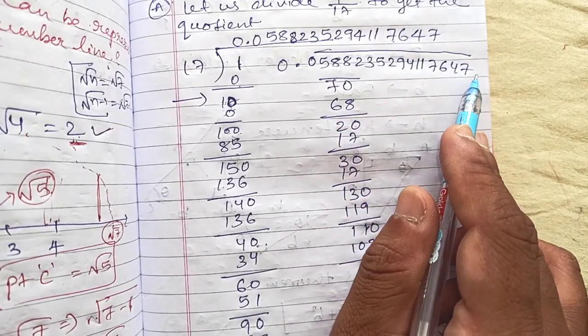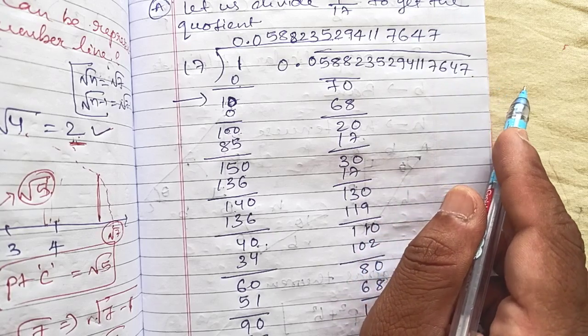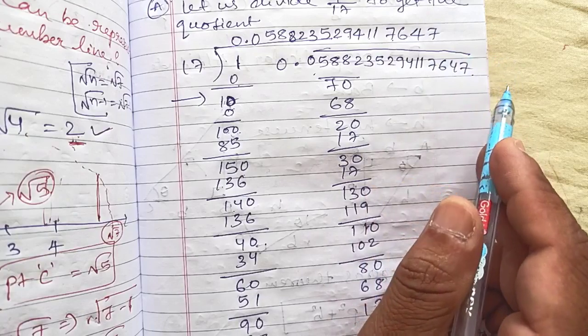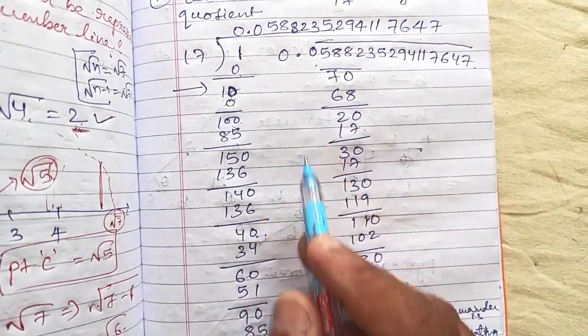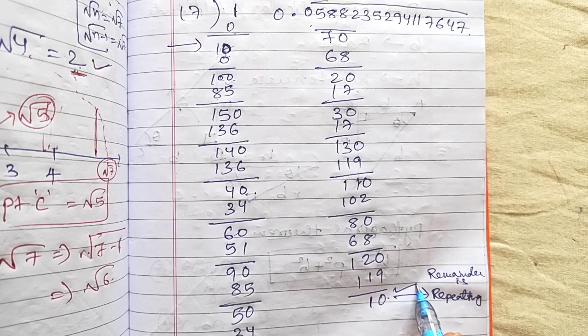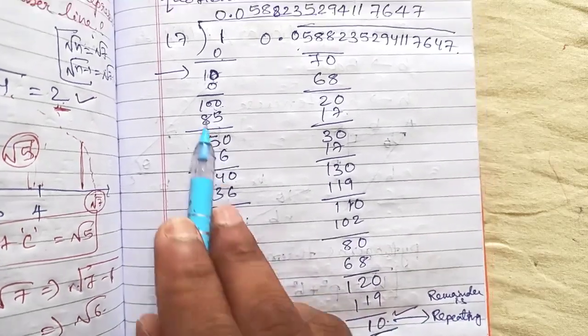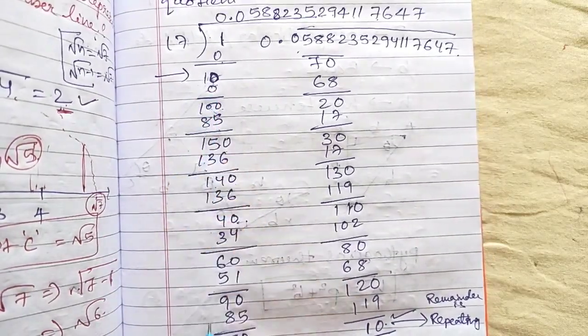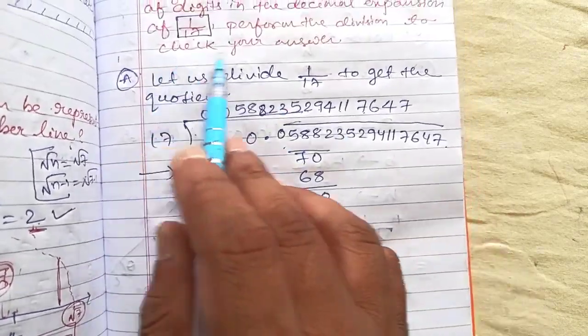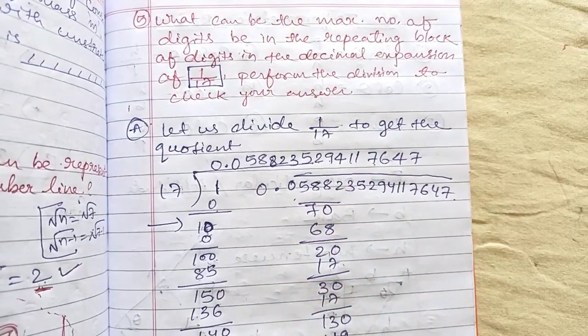Again it will start from 0 5 8 8 2 3 5 9. That means this many digits will repeat again. So by the division method we have checked. After this much division we got 10. Again it is repeating. Again the same process we have to carry on. Are you getting it? So this is the answer for this question.